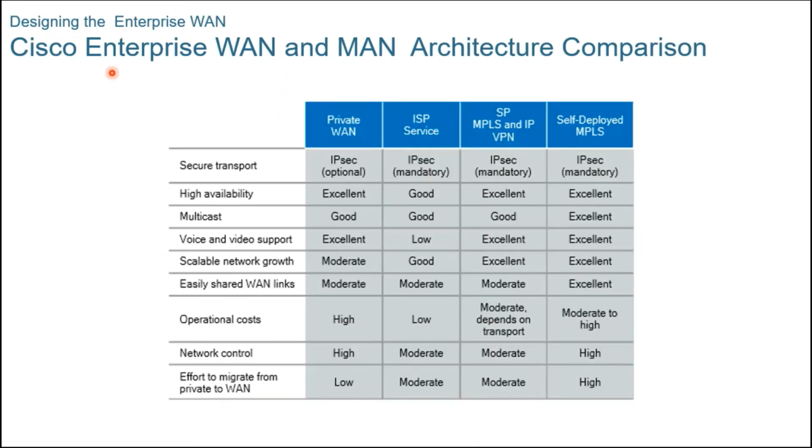Now for the comparison, the Cisco Enterprise MAN and WAN architecture includes the following technologies as summarized in this table. You've got the private WAN, the ISP service, site-to-site and remote access IPsec VPN, the SP MPLS and IPVPN, and the self-deployed MPLS.